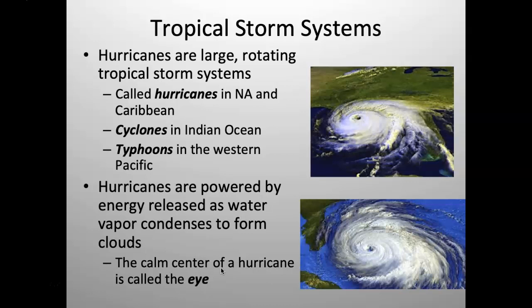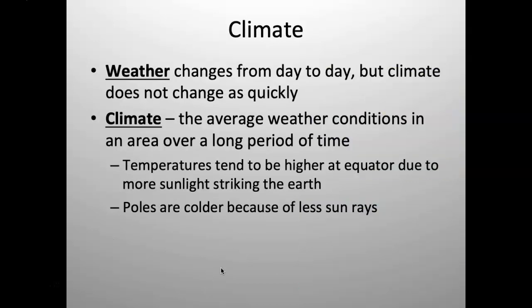Hurricanes are powered by energy released as those water droplets condense to form the clouds. At the very center of the hurricane is the eye of the hurricane, and it's usually a very calm center. However, the surrounding spirals sent out on arms usually have very high speeds and damaging winds.